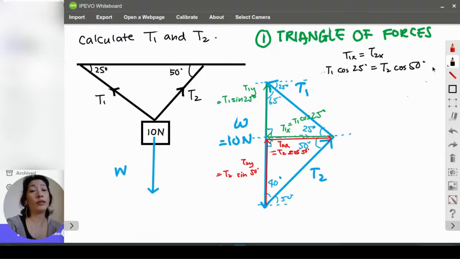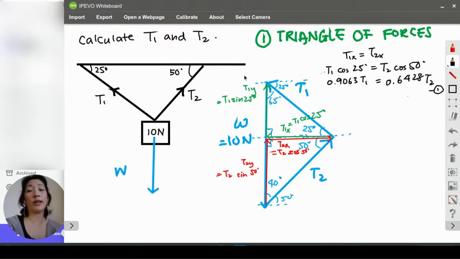So this would be our first formula. Let's solve for cos 25 and cos 50 first to make it easier to solve it. So this would be 0.9063 T1. Let's write to 4 decimal places so that it's more accurate. And cos 50 would be 0.6428 T2. So this would be the first equation.